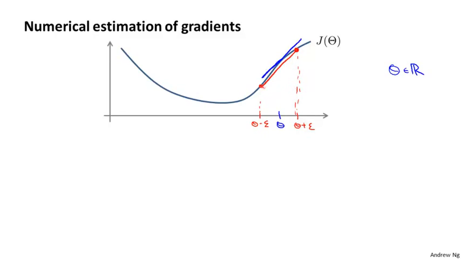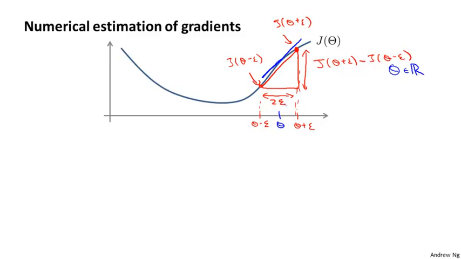Mathematically, the slope of this red line is this vertical height divided by this horizontal width. So this point on top is J of theta plus epsilon. This point here is J of theta minus epsilon, so this vertical difference is J of theta plus epsilon minus J of theta minus epsilon, and this horizontal distance is just 2 epsilon.